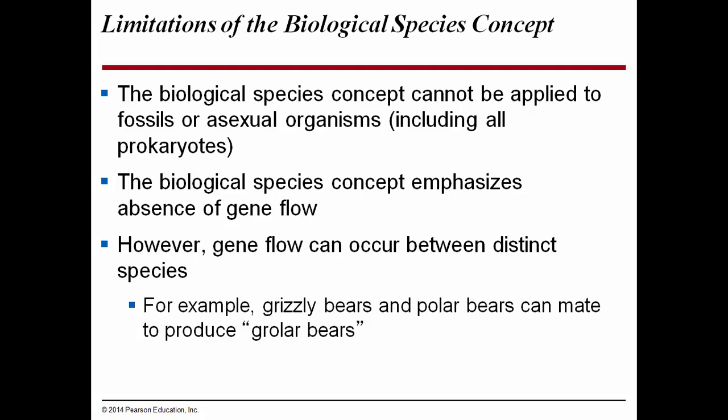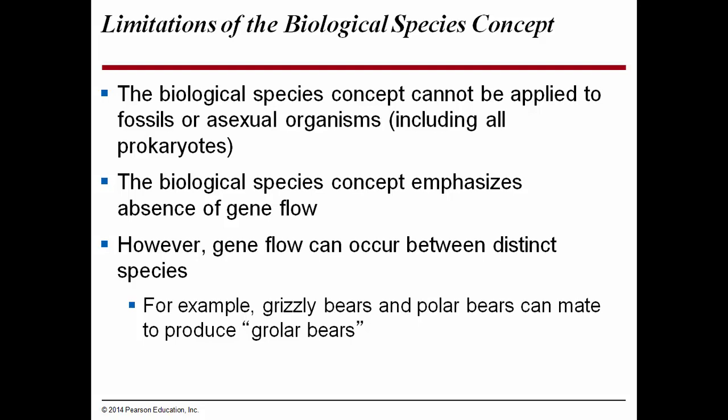And this has occurred in the wild a couple of times. In captivity, it's possible to breed lions and tigers and produce what's known as either a liger or a tigon. Those are hybrid animals, but they are not fertile.